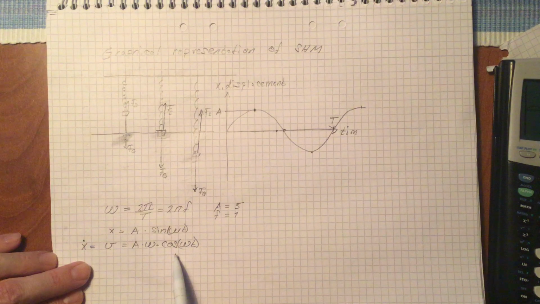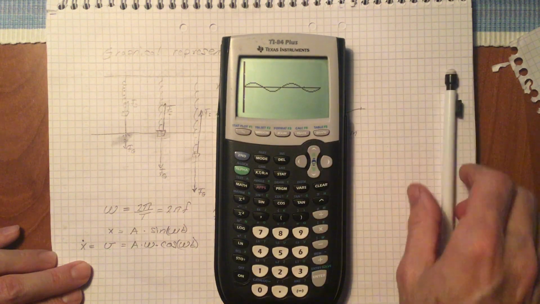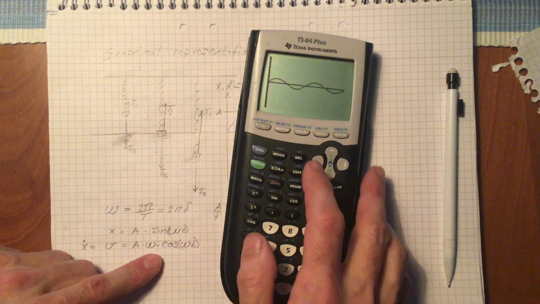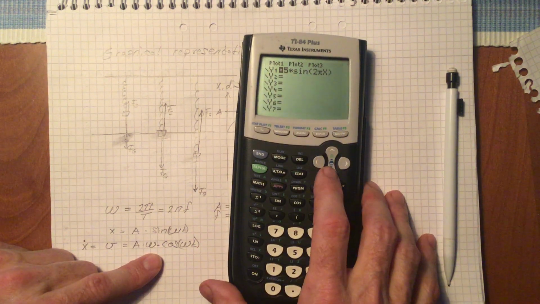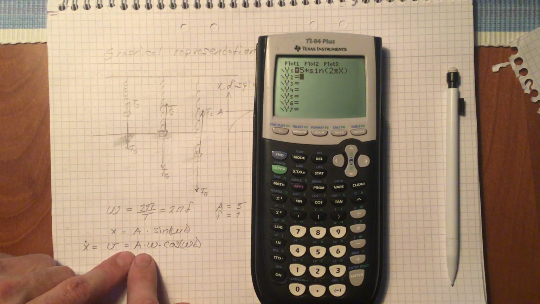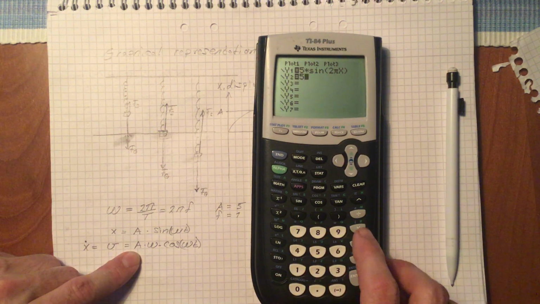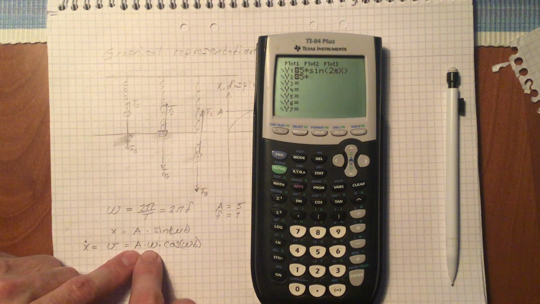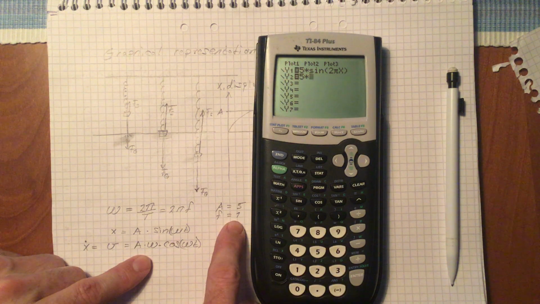Let's see what that means for our velocity when we draw this function. I will draw it at the same time as I have this. So I go into y equals 2. I go down one step and then I will write this. So A is 5. And then I will multiply with omega. Now omega is 2 pi times 1.